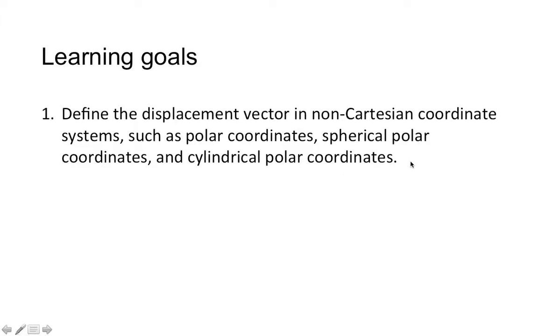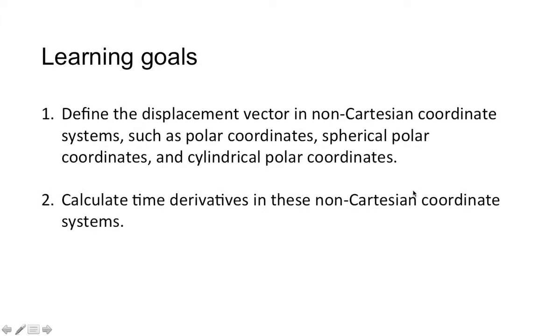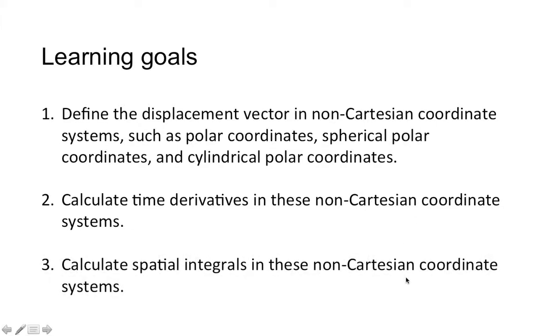These are polar coordinates, spherical polar coordinates, and cylindrical polar coordinates. We also want to calculate time derivatives in these non-Cartesian coordinate systems. And finally, we're going to calculate spatial integrals in these non-Cartesian coordinate systems.